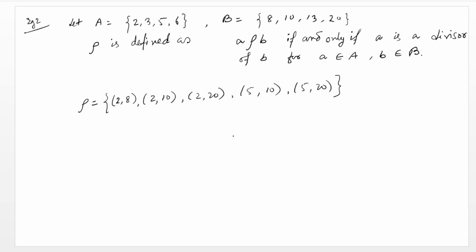So these relations exist. In this relation, the domain of rho is 2 and 5, and the image of the relation rho is 8, 10 and 20.